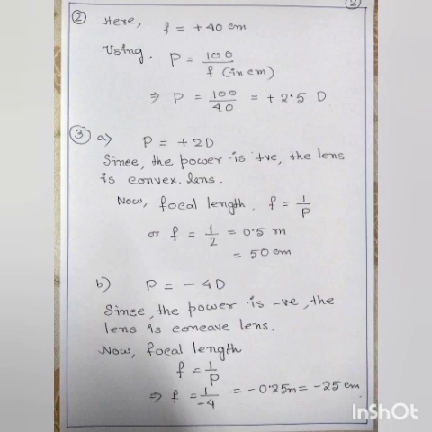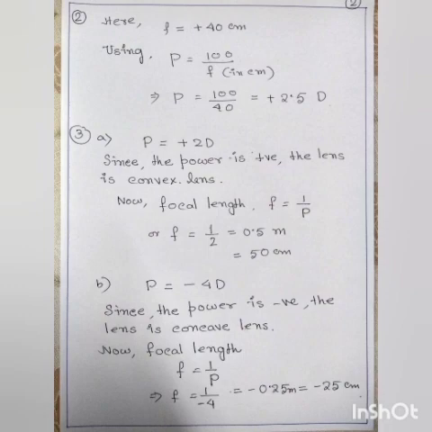If the focal length is given in the unit of meter, then you have to use the formula P equals 1 by f. But see here, the focal length is in centimeter, so you have to use the formula P equals 100 by f. Substituting the value of f, the power we get is plus 2.5 diopter.